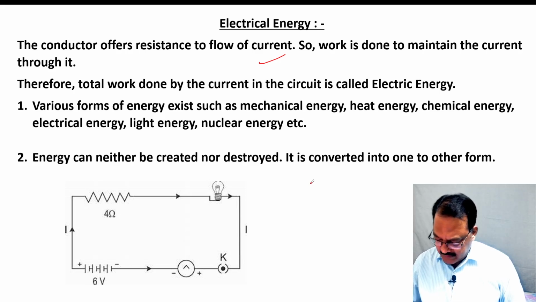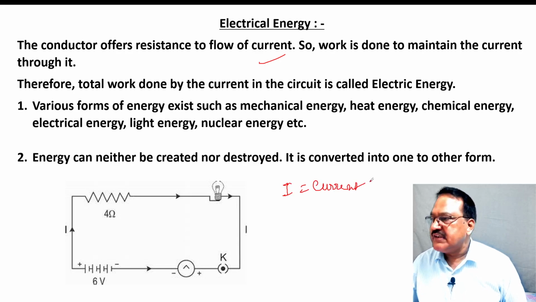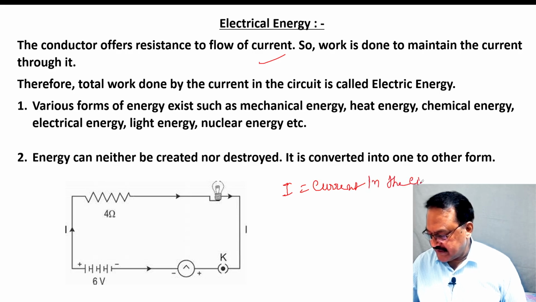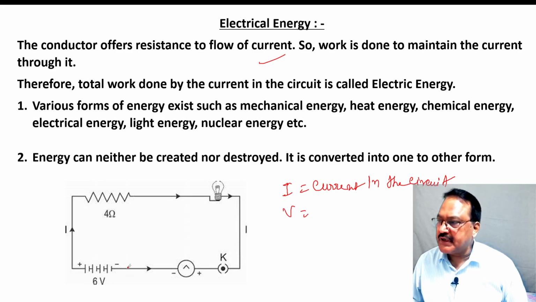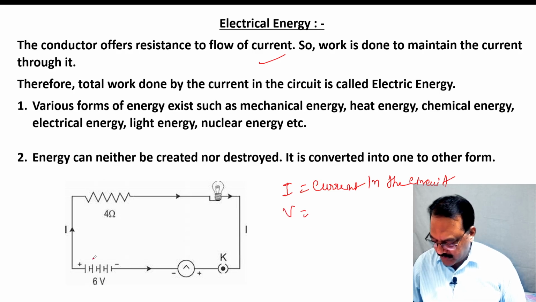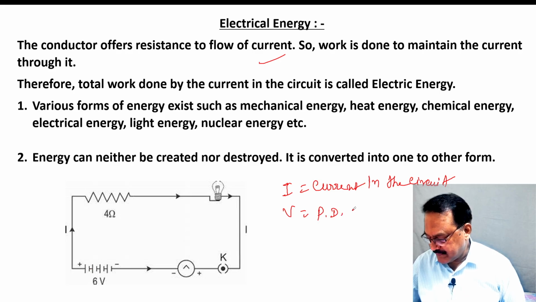Let's denote I as the current flowing in the circuit. V means the voltage, the potential difference across both ends, the potential difference of the battery.